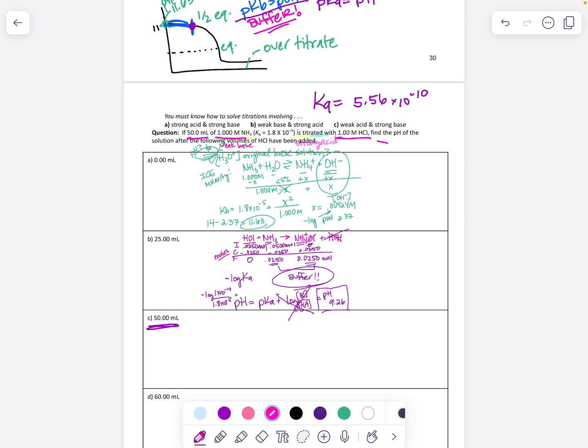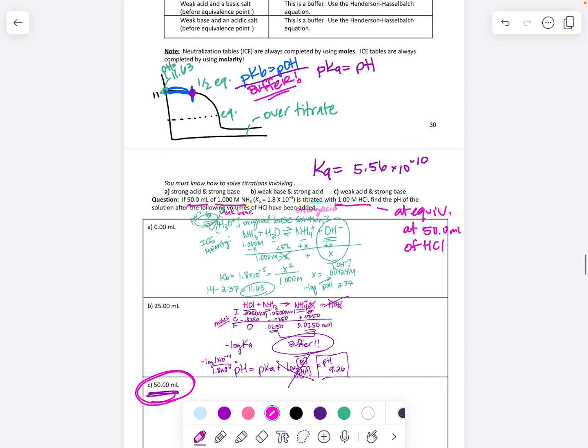This is going to be at equivalence once we have added 50 milliliters of the acid. And I know that because that's when the moles will be equal. Well, notice that's what we're adding right here, 50 milliliters of that acid. So that is going to take me to my third point, which is at equivalence.